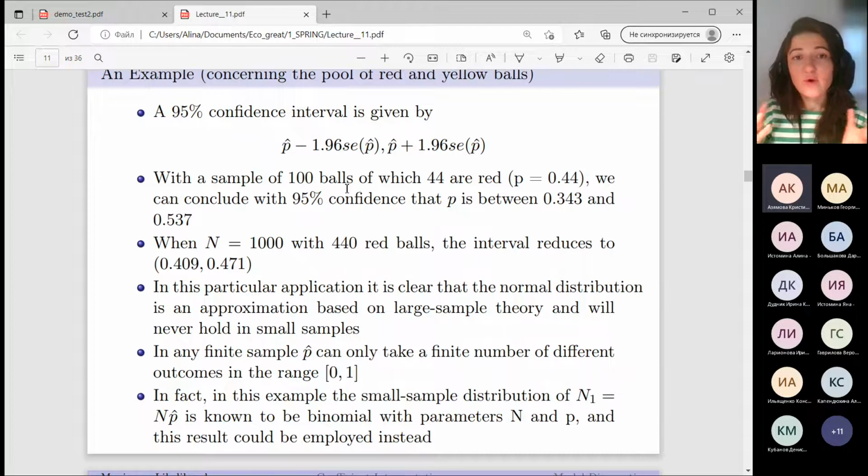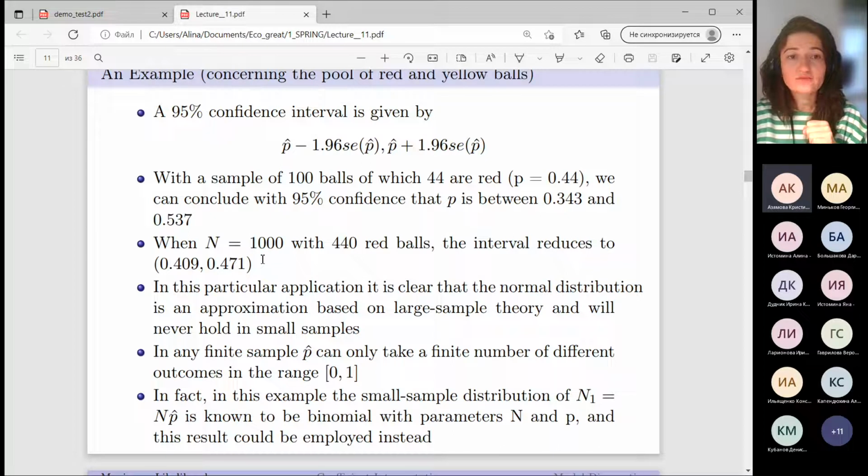If you have a small sample, let's say a sample of 100 balls, your confidence interval will be from 0.35, for example, to 0.54. But when you increase the sample, let's say now you have 1000 balls, your confidence interval becomes smaller and narrower.